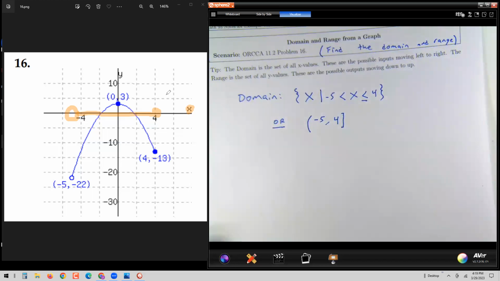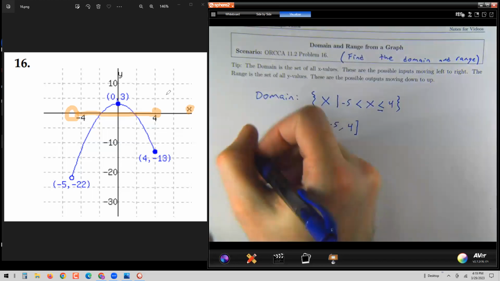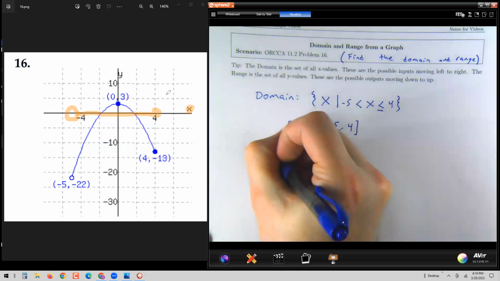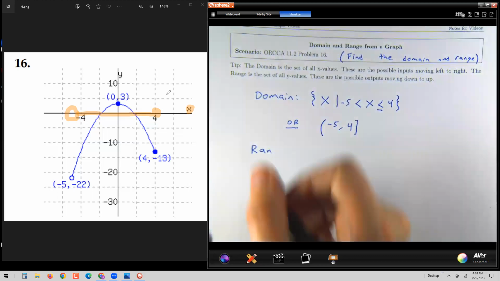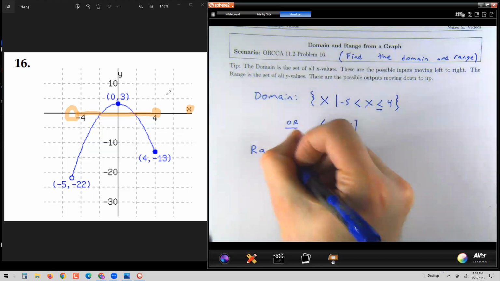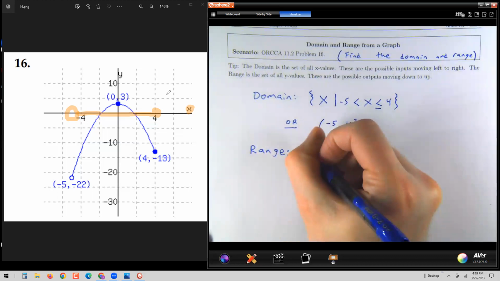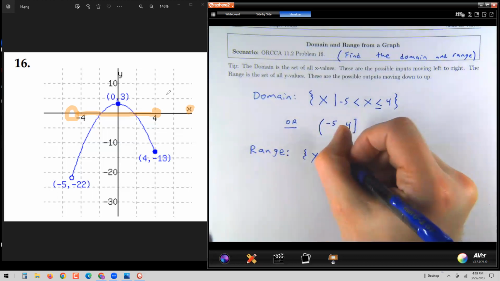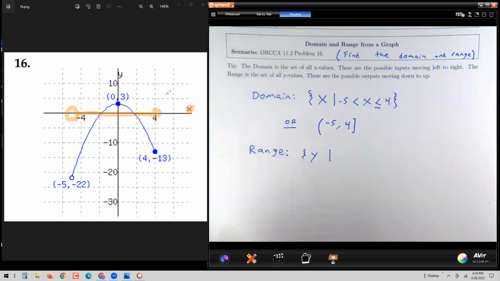Let's look at range. Range are your y values, and your range is going to go down to up. And I think that down to up is important. So I like to start at the bottom of my graph, find the smallest y value, and keep going up. So I'm going to clear my graph here, and I'm going to do this in a different color. So I'm identifying my smallest y value, and that happens way down here at a y value of -22.